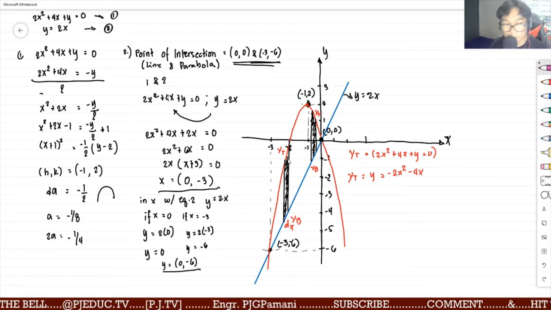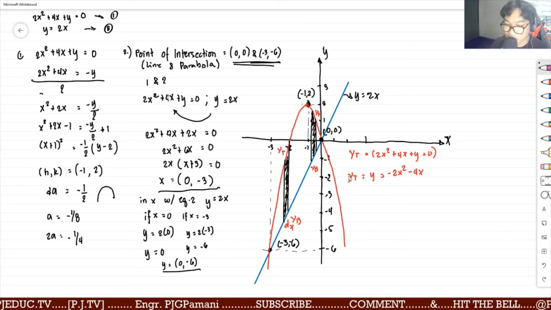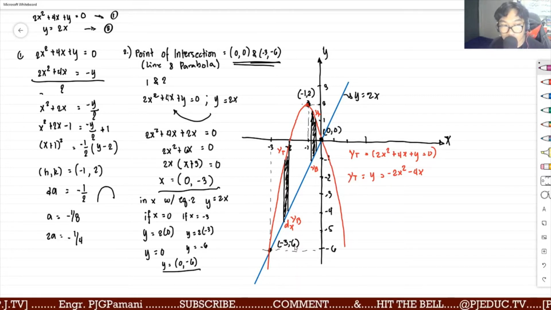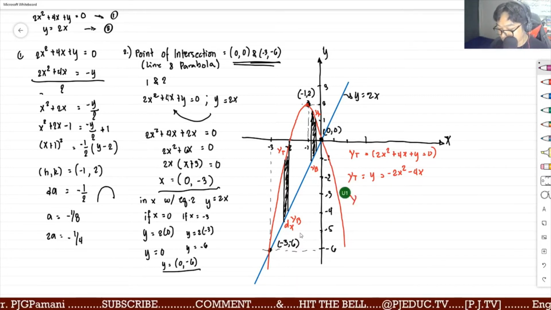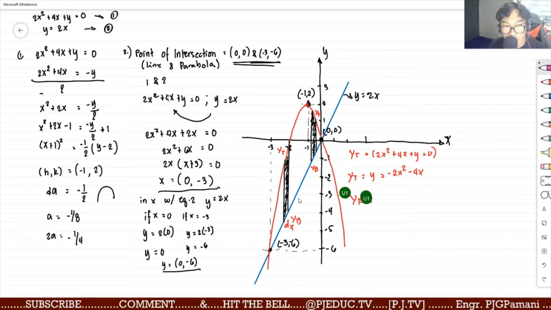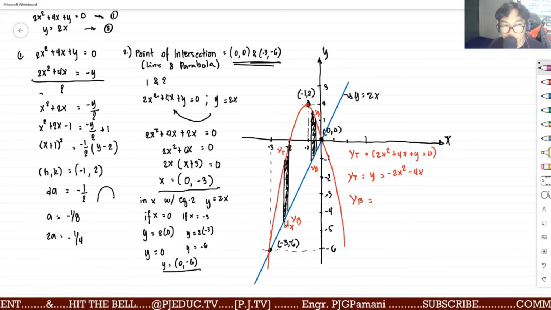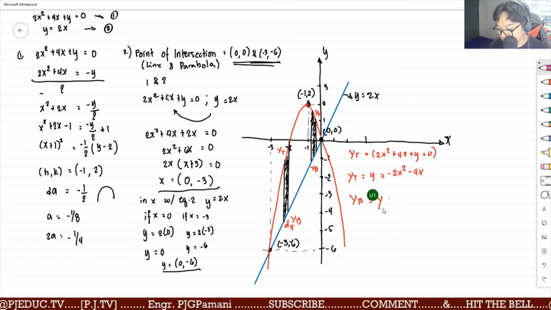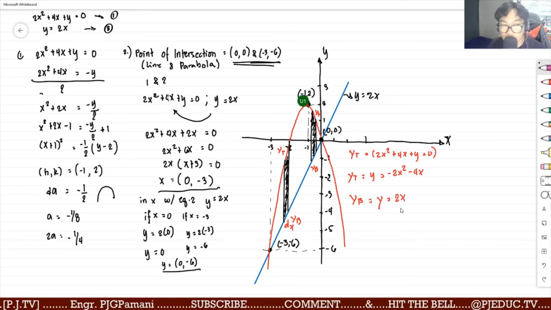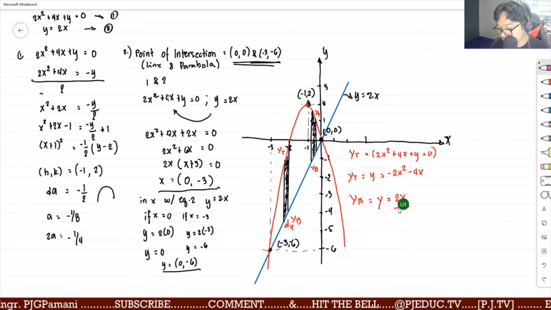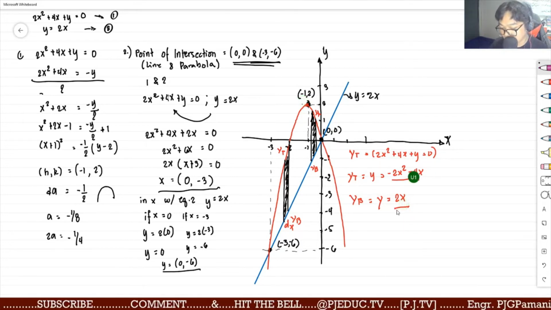Or y top is equal to -2x squared minus 4x. While y bottom is, ano yung strip holding y bottom? Is the part of your line. So line, that is simply y equal to 2x. So, ito ngayon yung ating y top and y bottom.